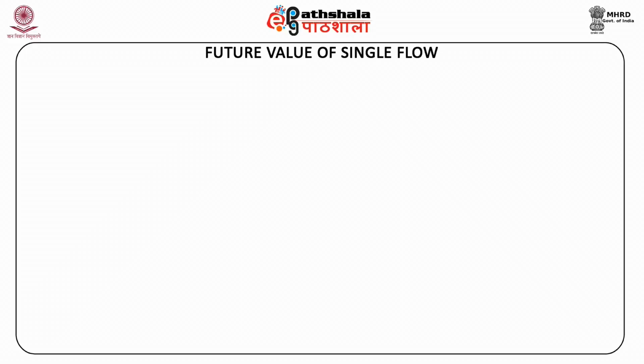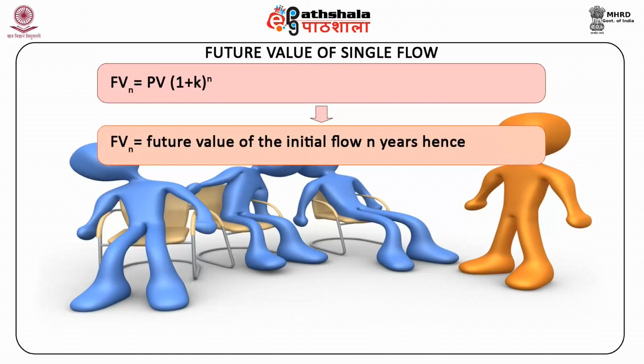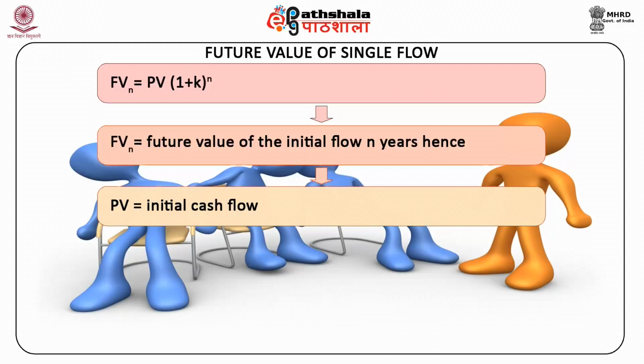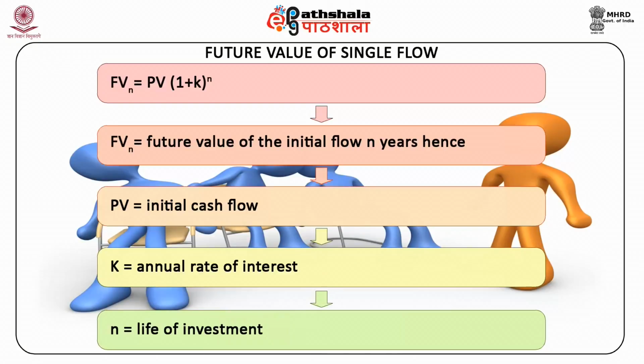The future value after the year n, FVn, is equal to PV multiplied by (1 plus K) raised to power n, where FVn is the future value of the initial flow n years hence, PV is the initial cash flow, K is the annual rate of interest, and n is the life of the investment.